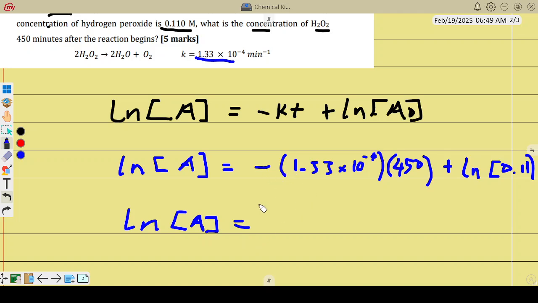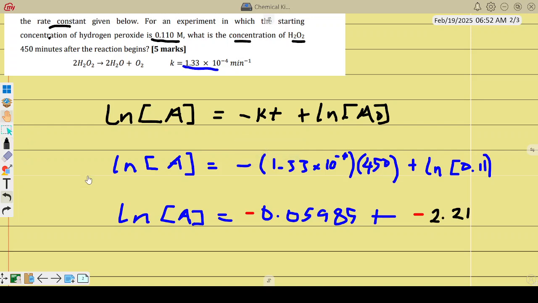I'm getting 0.05985, with a negative here, plus what is ln 0.11? ln 0.11 is negative, so I have negative 2.21, if we just end on 3 significant figures.